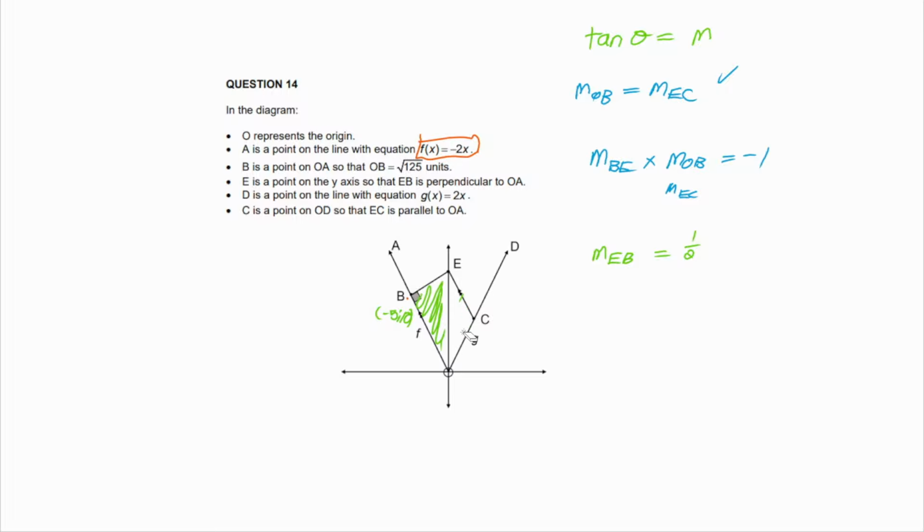What will be easier is we can know the distance OE, because we already know the coordinate of E. So we know this distance, and we need to find this angle and this distance EC. But the main point is, let's first have a look at the area of this, and then we will tackle the area of this one.